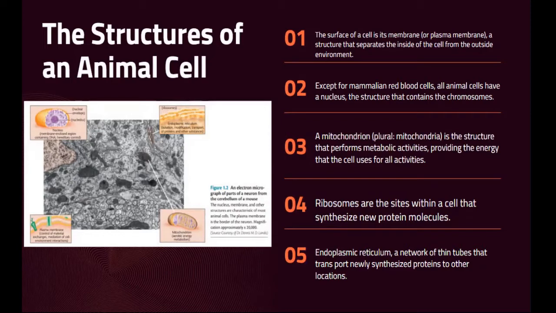A mitochondrion, or mitochondria in the plural, is the structure that performs metabolic activities, providing the energy that the cell uses for all activities. Mitochondria have genes separate from those in the nucleus of a cell, and mitochondria differ from one another genetically.